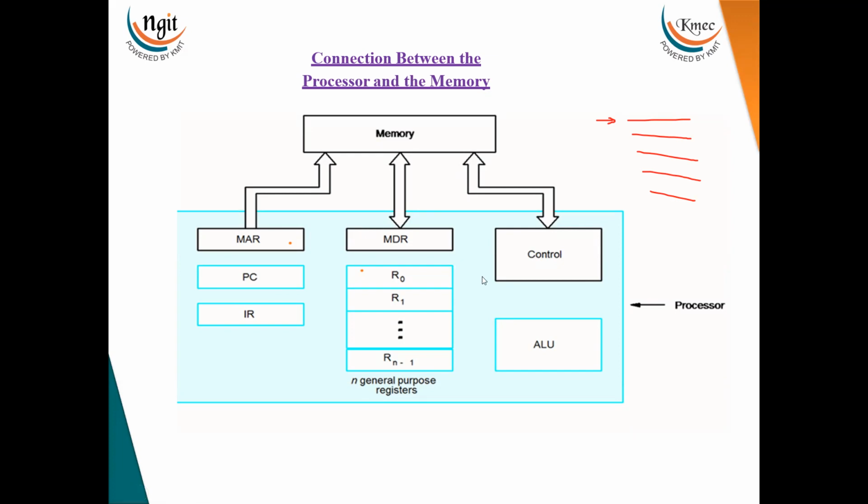This is one instruction which we have discussed, add location comma R1. If many such instructions are there and the complete program is being executed, the processor will execute the program one instruction after the other.